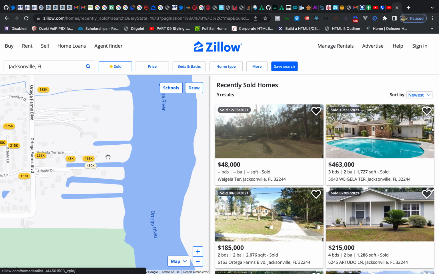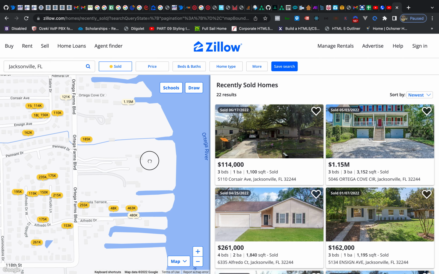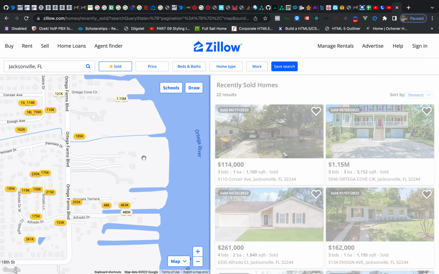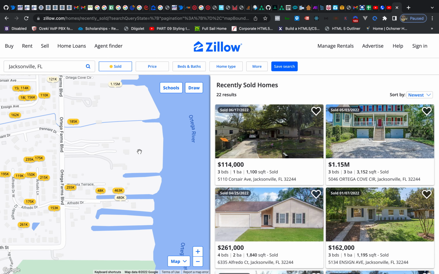And this is his lot right here, next to that house that was sold for 480. So there's not much data in the area suggesting that his property is worth 600,000. So going at 50% would be a risky move.